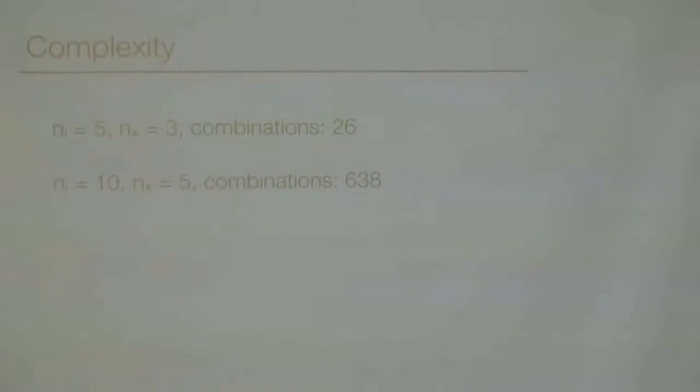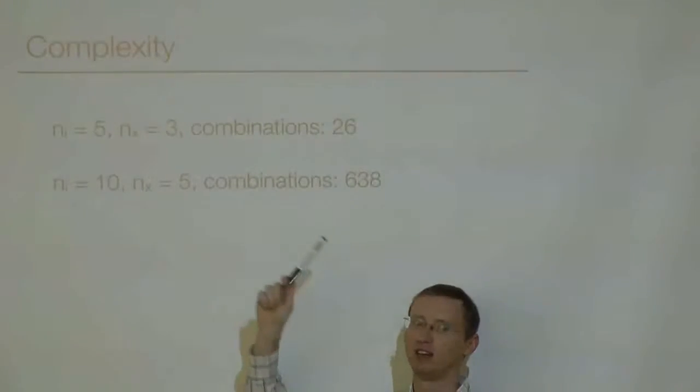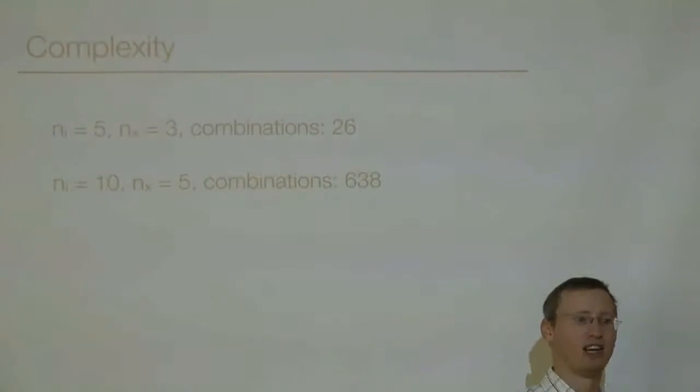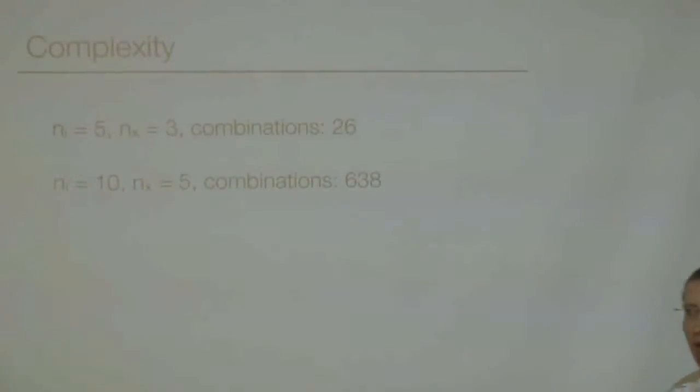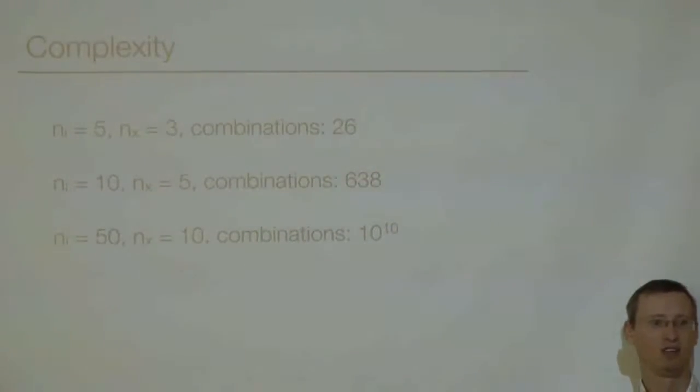And even worse, the number of combinations that we need to explore, well, the software needs to explore, grows rapidly. So if we now have 5 optimization variables and 10 constraints, still a tiny case, very easy example, 638 cases. This is still a simple example. 10 optimization variables and 50 constraints, and we have 10 billion combinations that we need to explore.